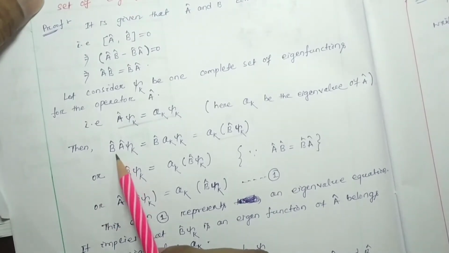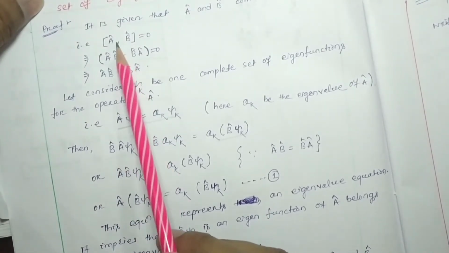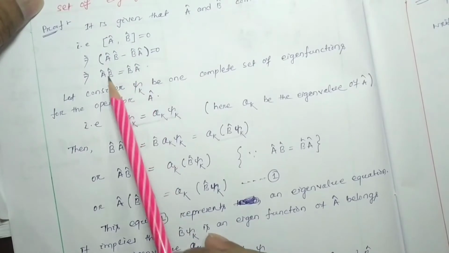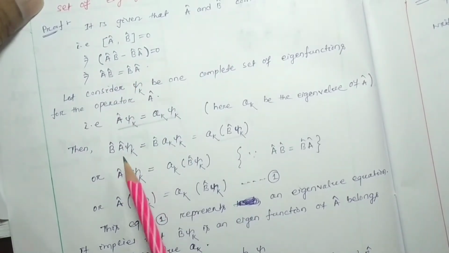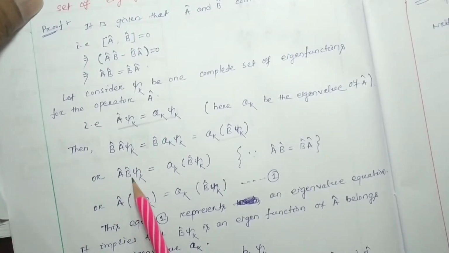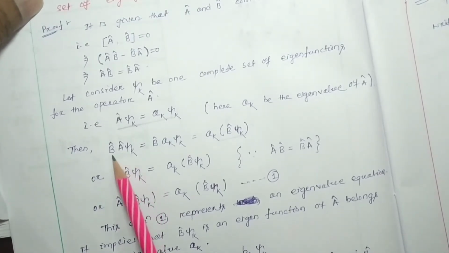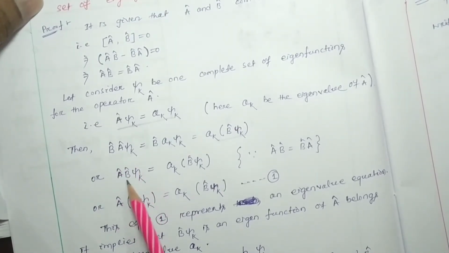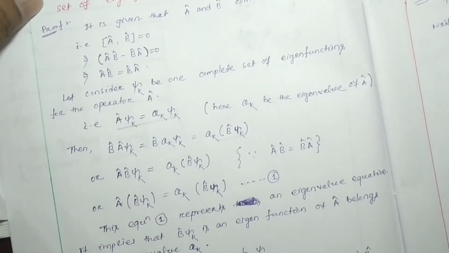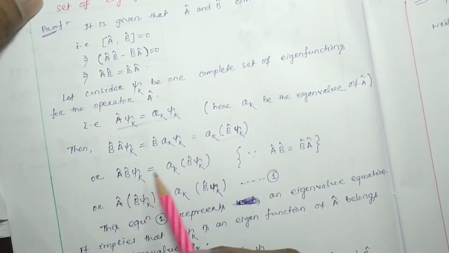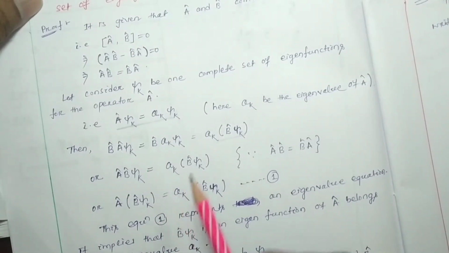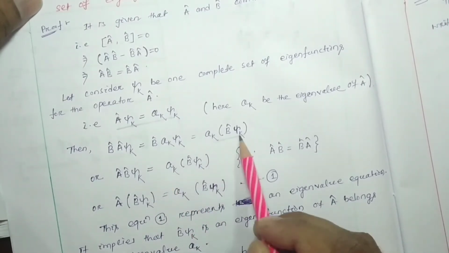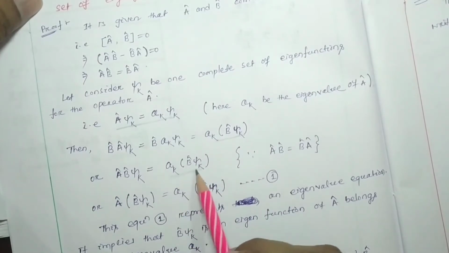We know that as both the operators commute with each other, A cap B cap equals B cap A cap. So instead of B cap A cap, I can write A cap B cap psi k, which will be equal to this much.